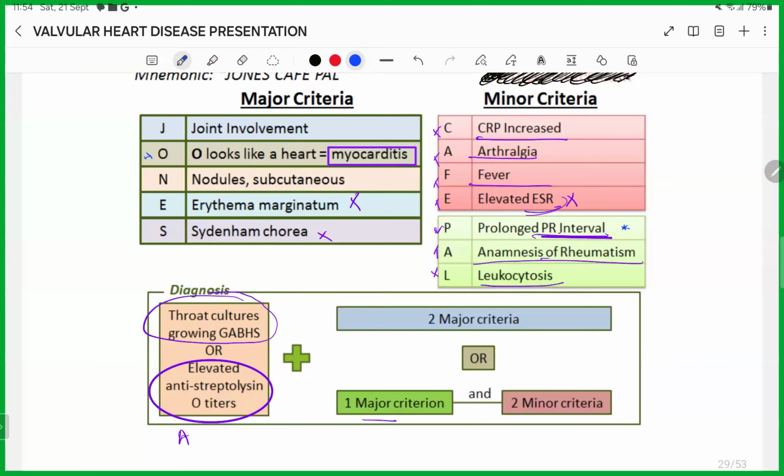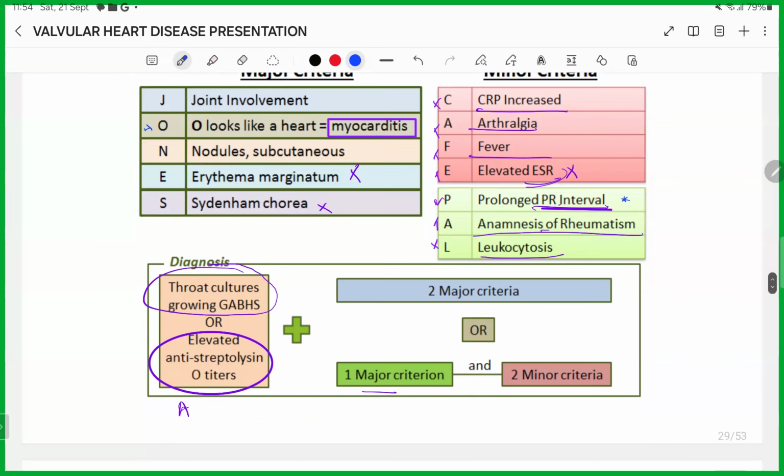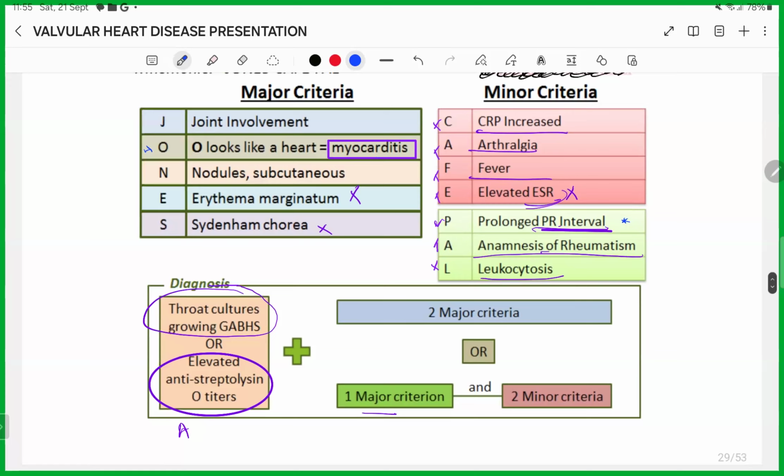And generally, to reach a diagnosis, I need a positive swab or elevated titers of anti-streptolysin O, which is the antibody produced against the bacteria, which is also cross-reactive, plus two major criteria from Jones, or one major criterion and two minor criteria. So that's Jones criteria for rheumatic heart disease.